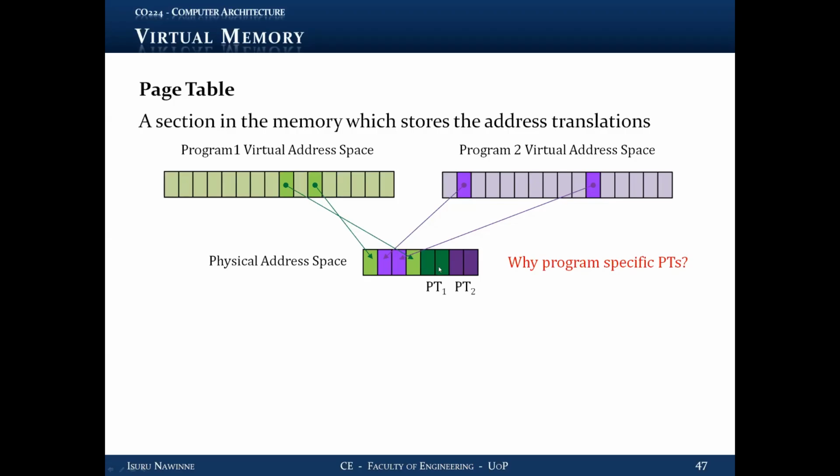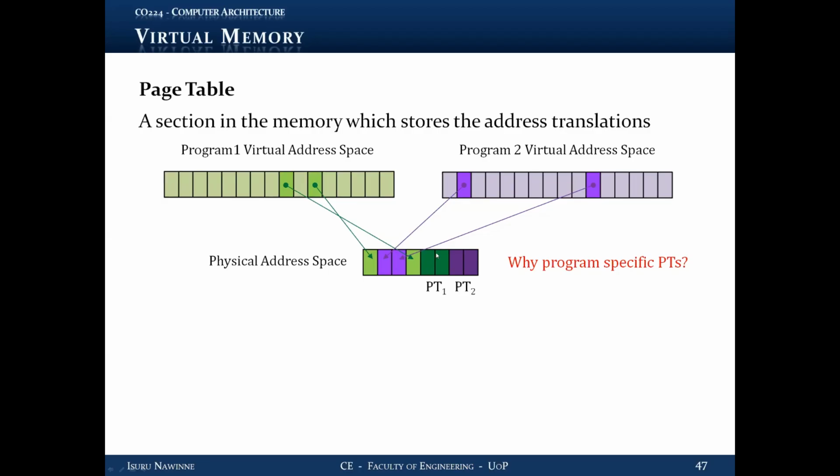So this PT1, the green page table, contains all the mappings of program 1's virtual address space. Mind you, when I say all the mappings, not just active pages, everything, right? So there are 16 virtual page numbers in this address space.